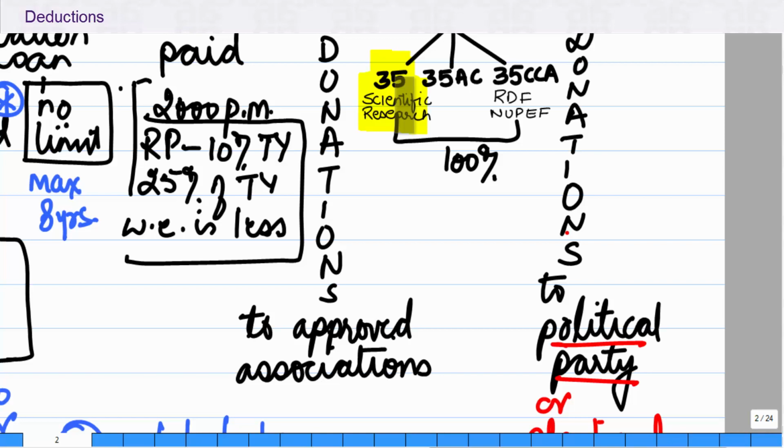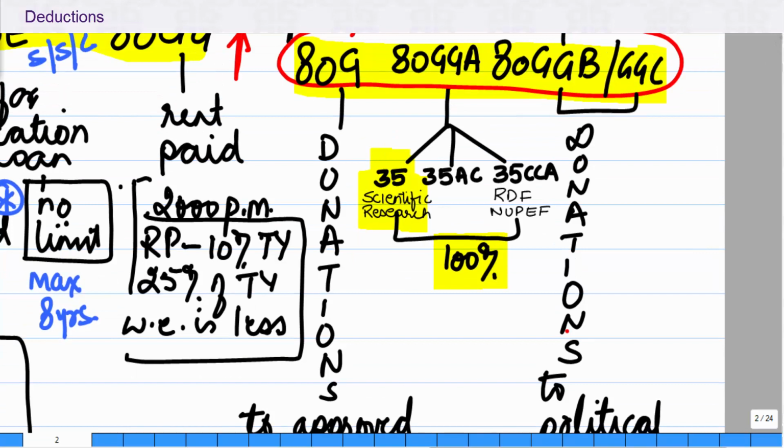Weighted deduction was given, 1.75, 2 times, 1.25 times. But those deductions are only given to a person who has a business or profession. If a person does not have a business or profession, then the same donations covered there will be allowed, but over here it is only 100%. There is no weighted deduction given. This is section 80GGA.